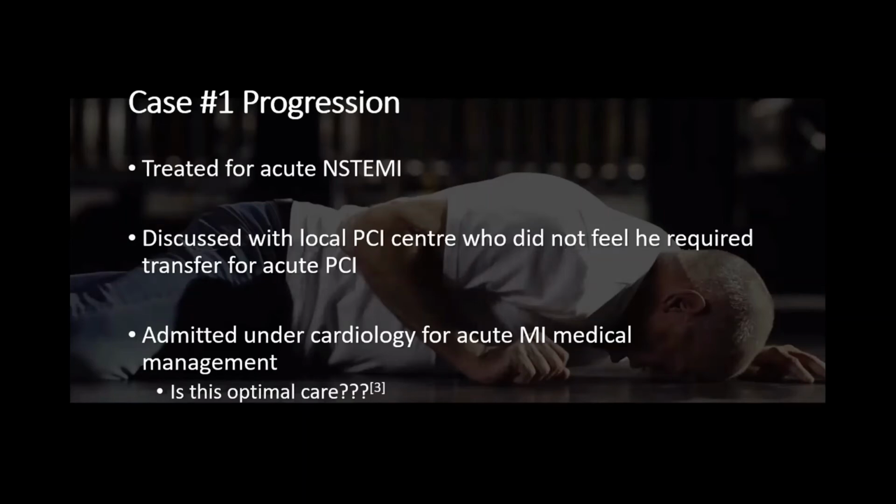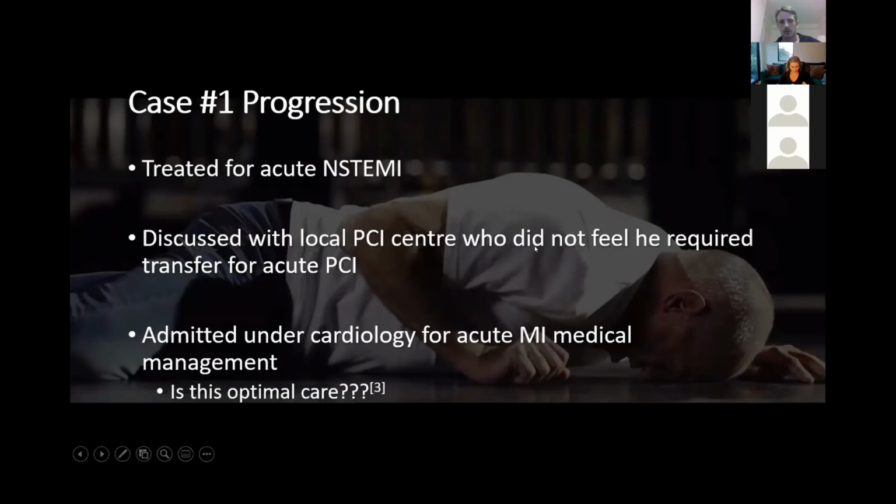Now, I'm not going to go into it in too much detail, but there is a school of thought that's saying that actually this isn't necessarily how we should be evaluating who needs PCI and who doesn't. And actually, there's some good evidence to suggest that now that we're so good with primary PCI in patients with STEMI, all-cause mortality is higher in patients with non-ST elevated myocardial infarctions now than ST elevated myocardial infarctions, which is interesting.